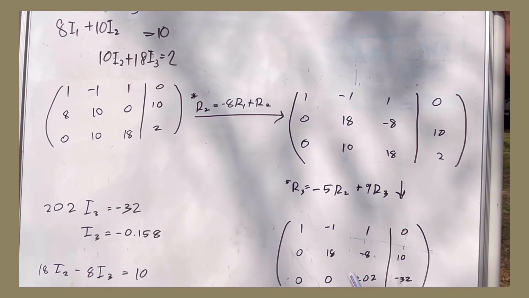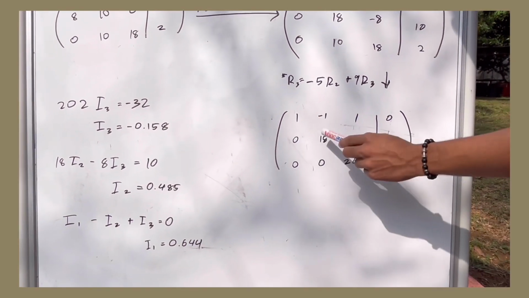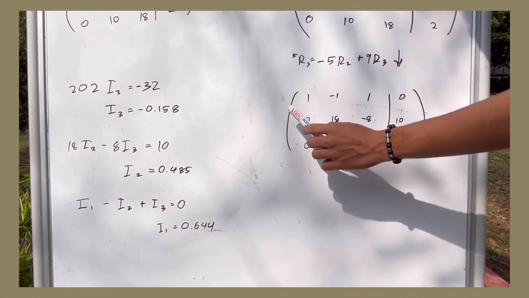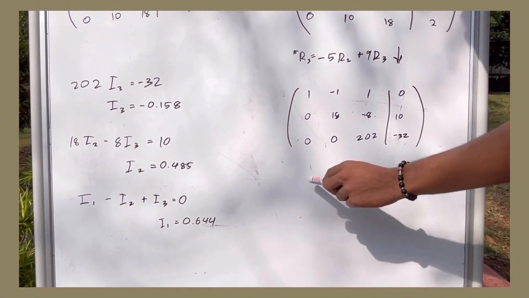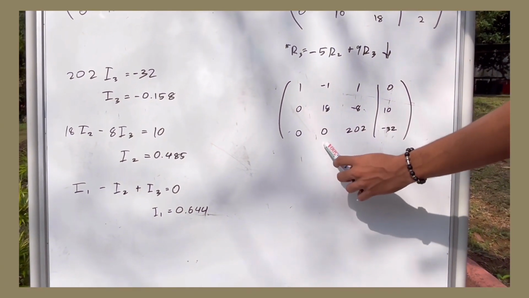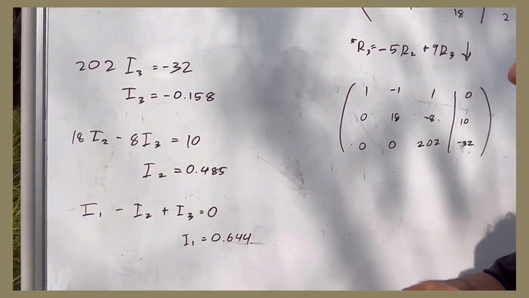The first row remains the same, the second row is also the same, but row 3 changes to 0, 0, 202 and negative 32.